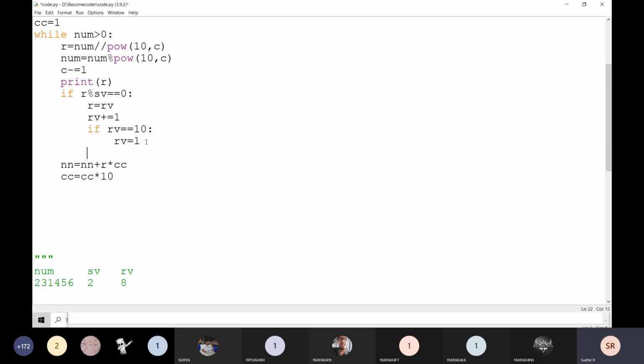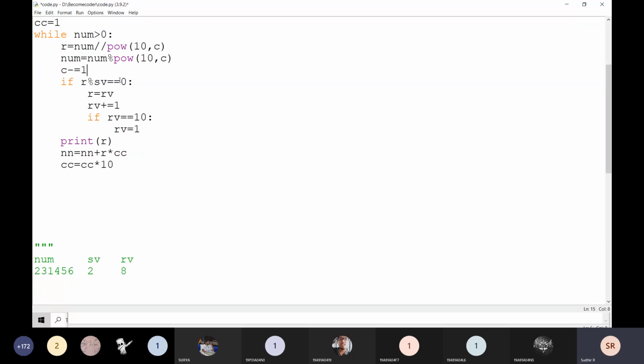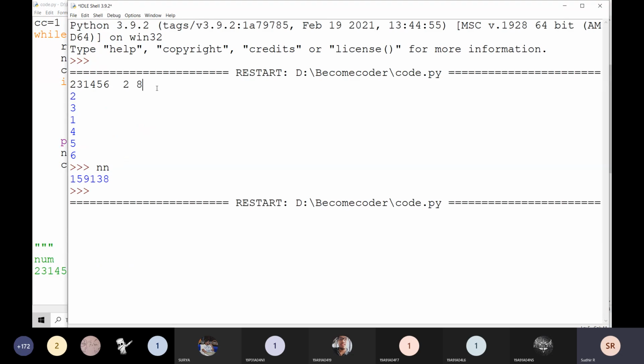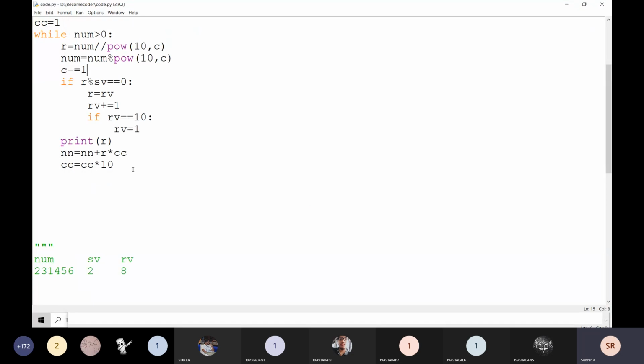It is clear now? Print of R here, not here. I'm going to write here. Yes, this is going to be 8. No mistake in the logic, I think.